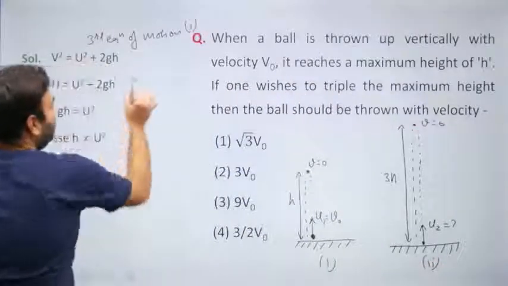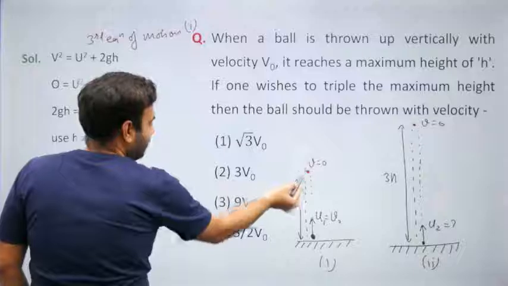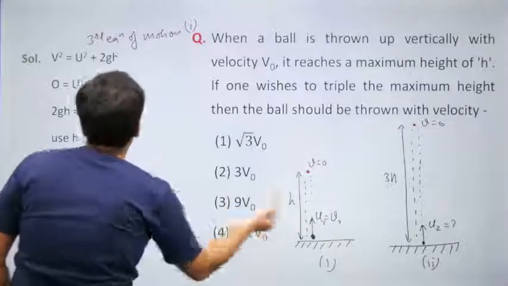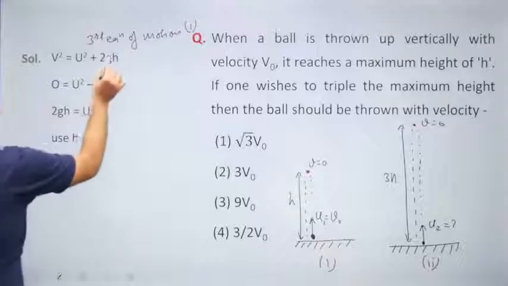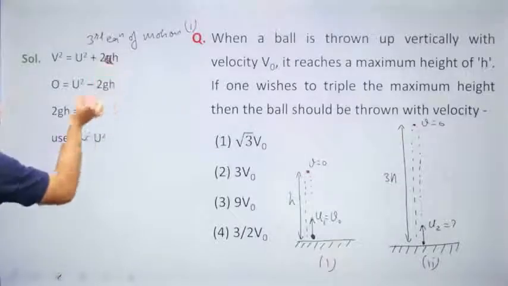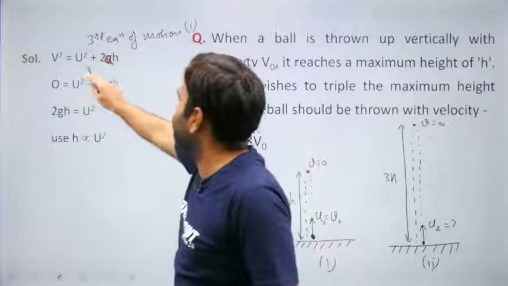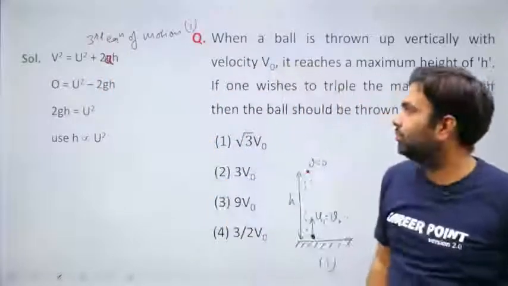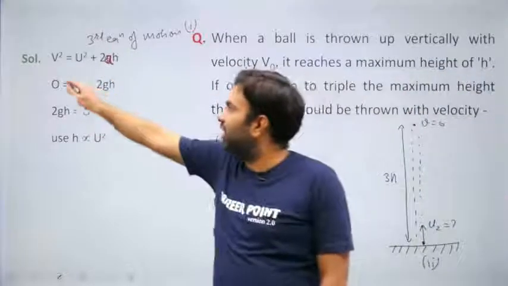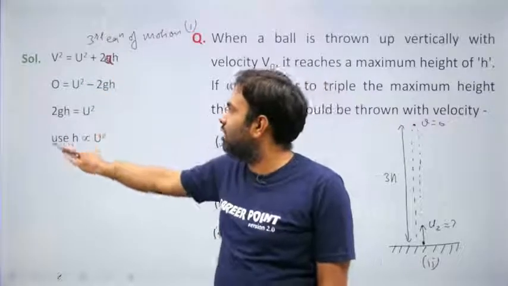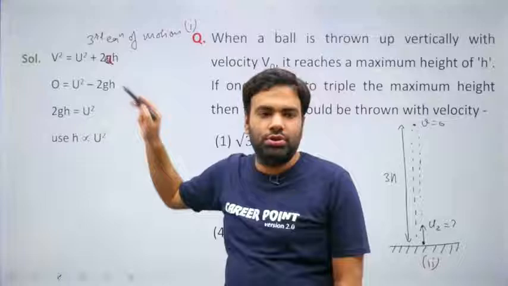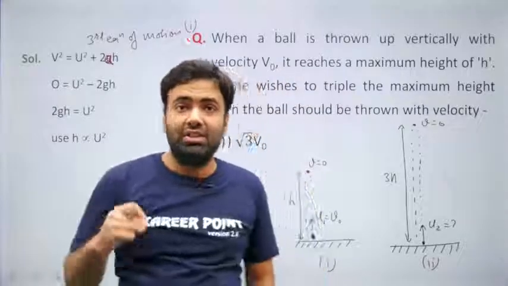Initial velocity is u, displacement is plus h and g is negative. So actually it is plus a, and this a will be converted to minus g. So v square is equal to u square plus 2ah. Now v square is 0, u square as it is, a is minus g. So we got 2gh is equal to u square.